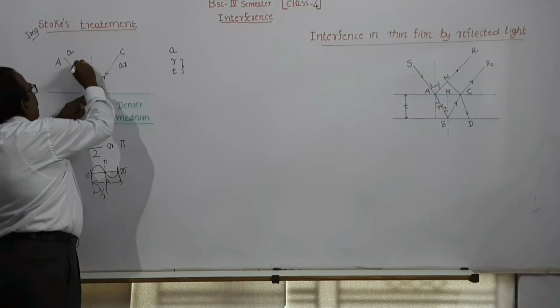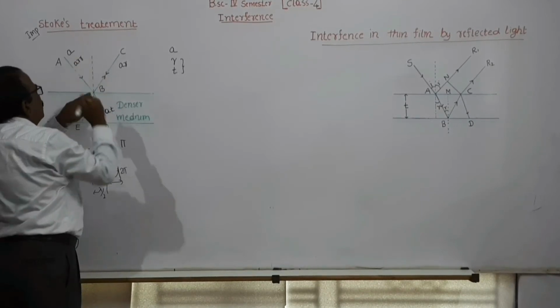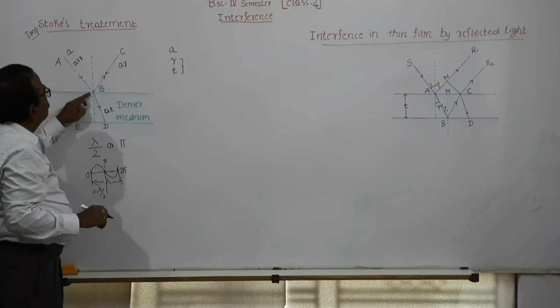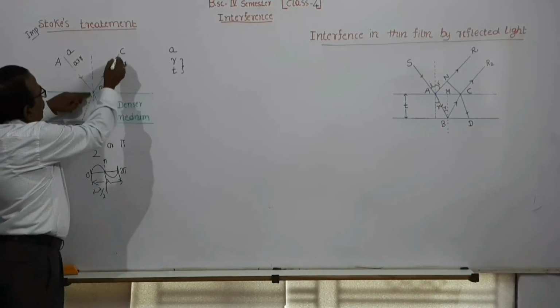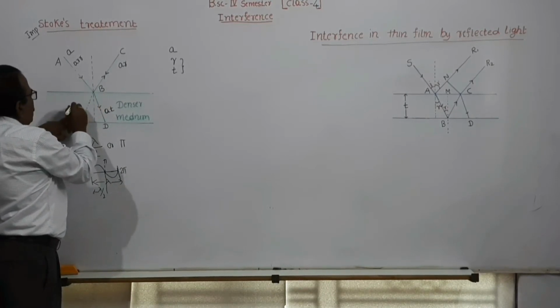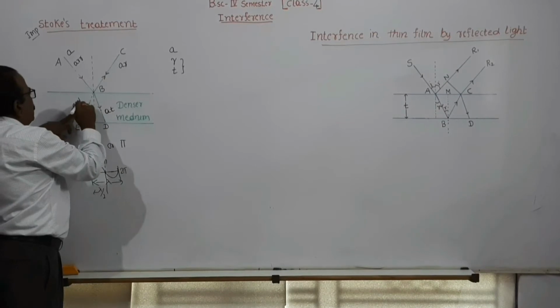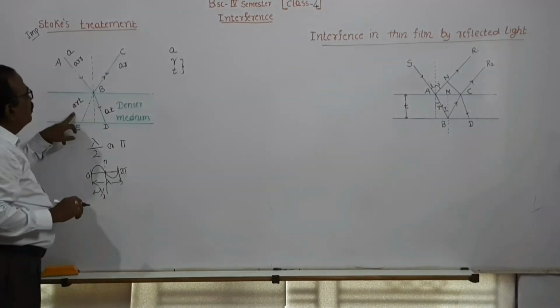Falling is AR, and again R. Then part of this enters the second medium. The amount of light entering is AR into the transmission coefficient T.